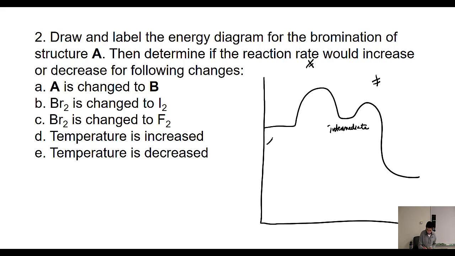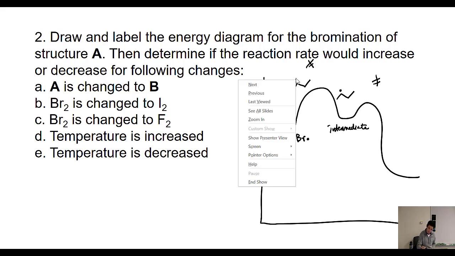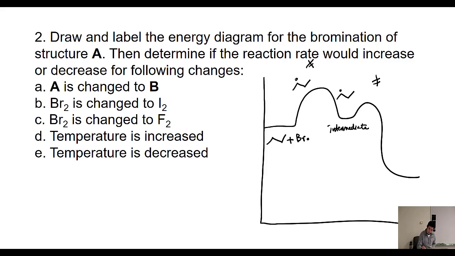So for here, I started out with this. My intermediate was when I had my radical. My transition state was when I was making the bond, and my other transition state was when I was making the bond with the other bromine.